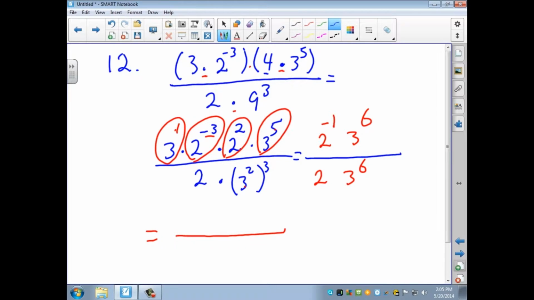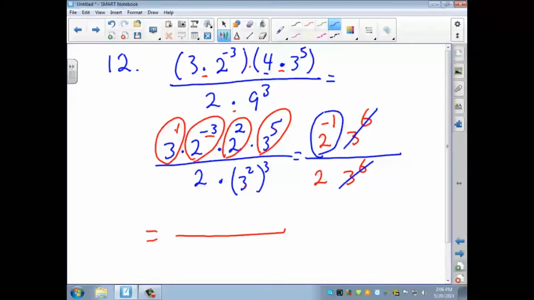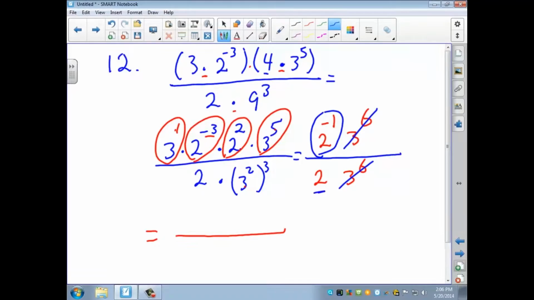Now I have 3 to the 6th in the numerator and 3 to the 6th in the denominator. They would cancel each other. In the numerator, I have 2 to the minus 1. And we have learned that we can write this with the positive power if we bring it to the denominator. So I already have 2 down here.